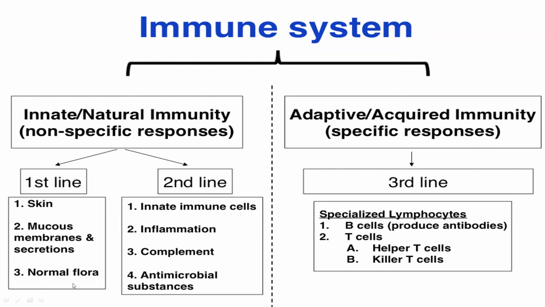This normal flora can be found in many sites of the human body. It can be found on the skin, especially in the moist areas like the groin or between the toes.